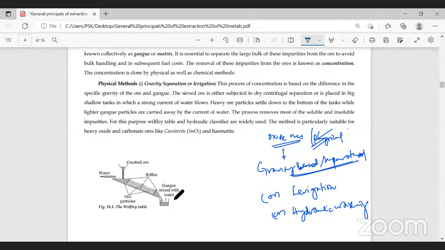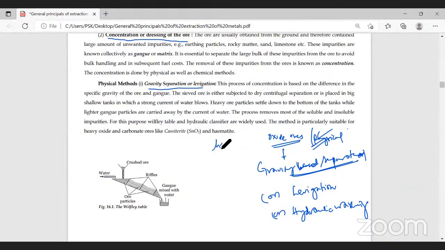It's an important question. Gravity-based separation is generally done for oxide ores, and remember, oxide ores are the heaviest form of ores. Gravity-based separation, or levigation, is based on the difference in specific gravity or density of the ore and gangue particles.